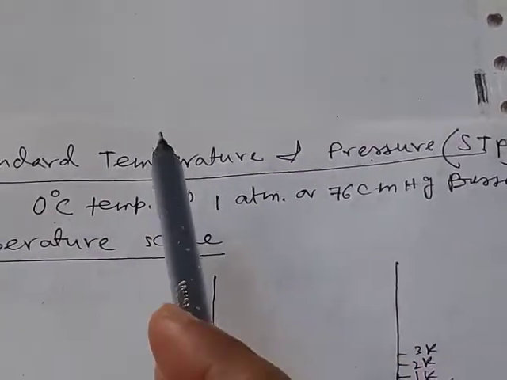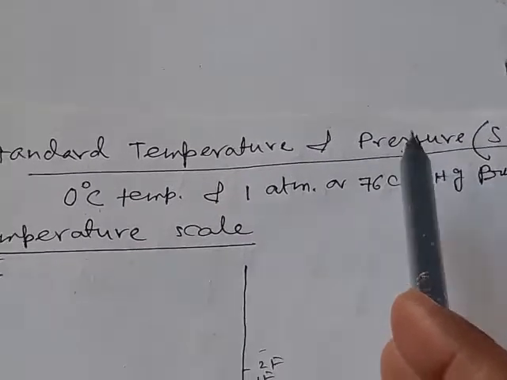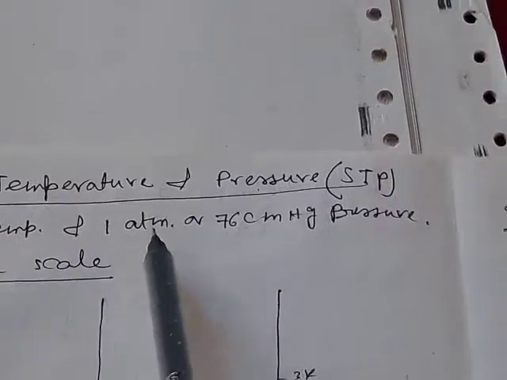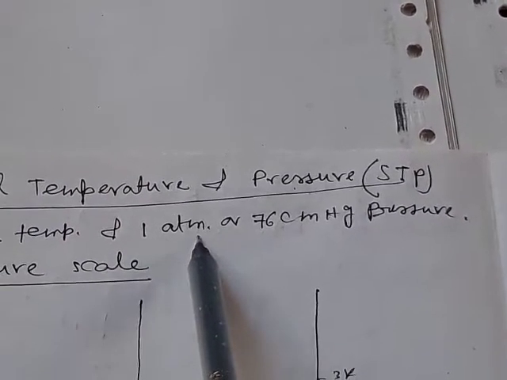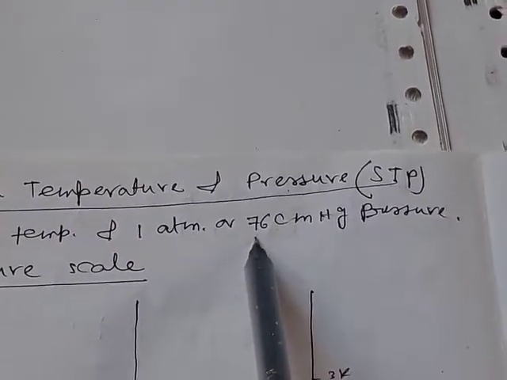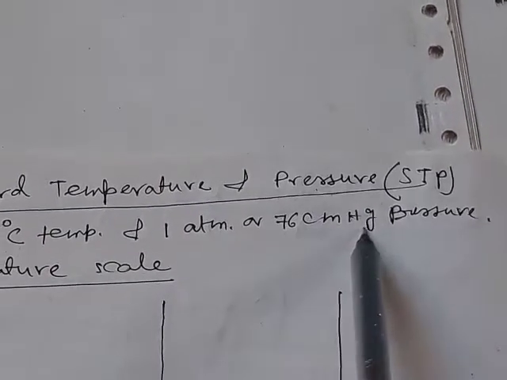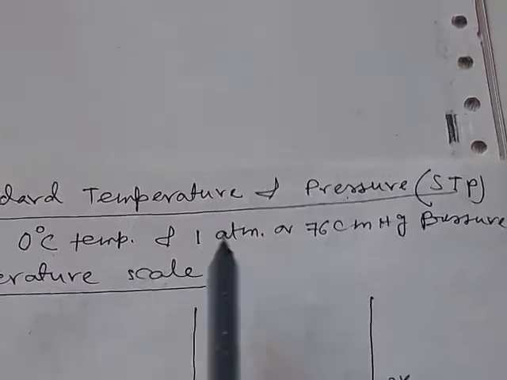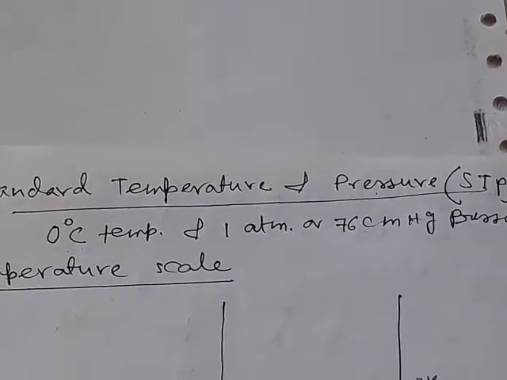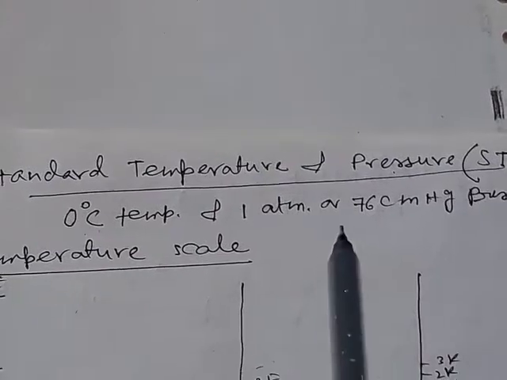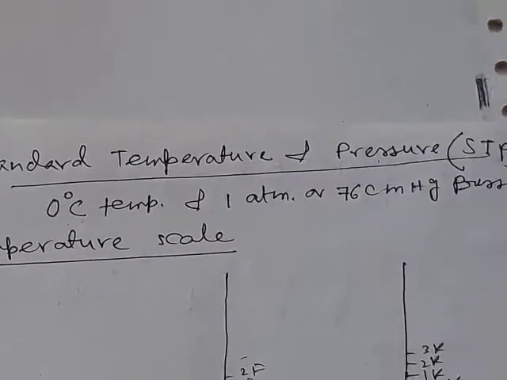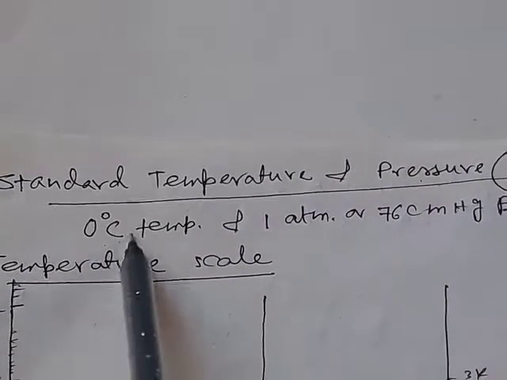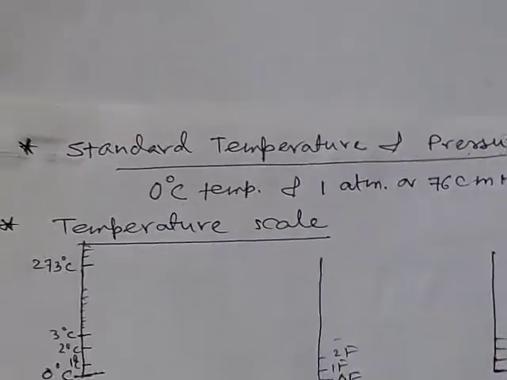This is called standard temperature and standard pressure. The standard temperature is 0 degree centigrade and the standard pressure is 1 atmospheric pressure. You know, this is 76 centimeter mercury pressure. So this is the standard temperature and pressure. For any reactions that deal with gaseous reactants and products, we have to take the temperature and pressure as the standard state.